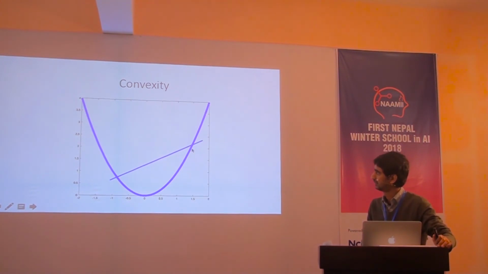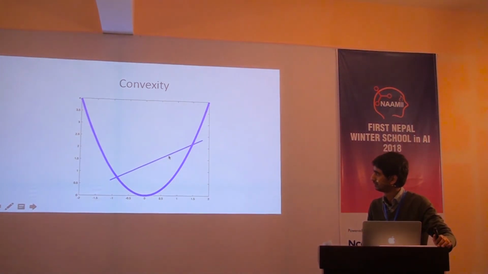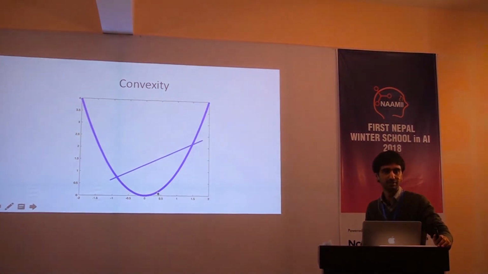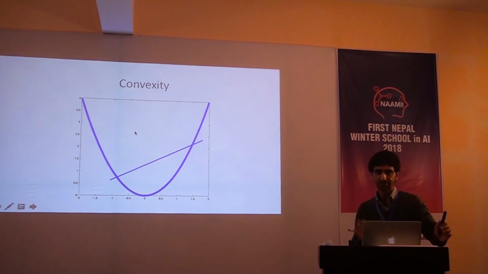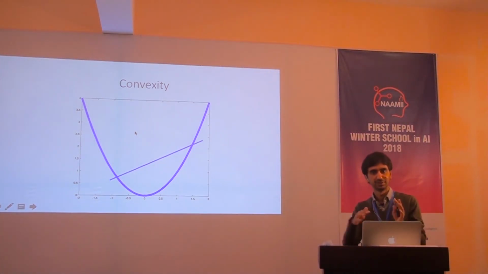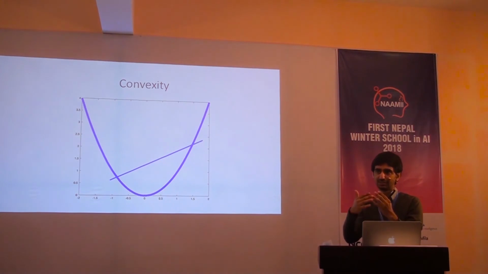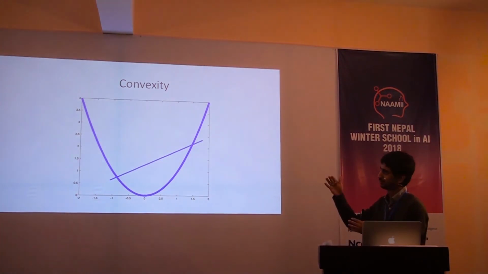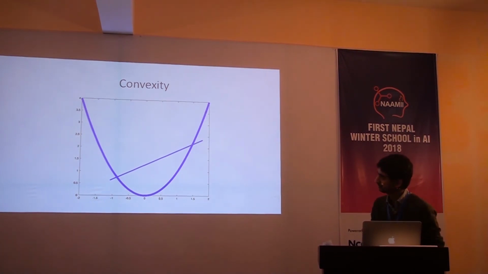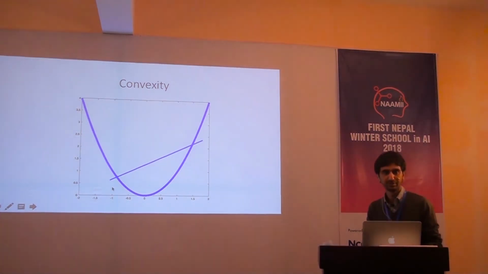In a line, it's very easy, right? You see the function value here is lower than the value at the line. Similarly here, if you make any segment, even here, the function value will always be lower than the line. This is what you call when your shape is convex. Even in 3D, you can consider the shape is convex, and these are called convex functions.